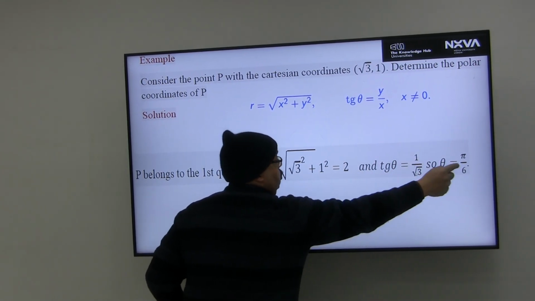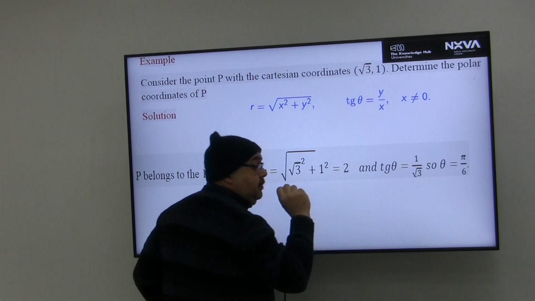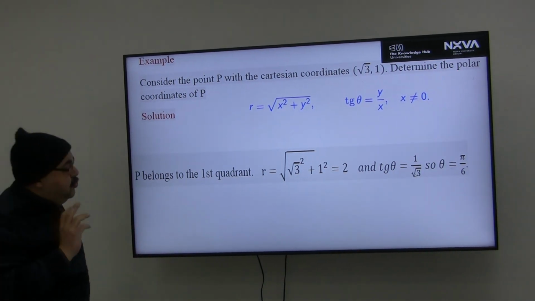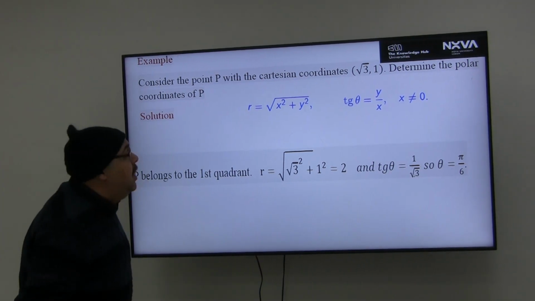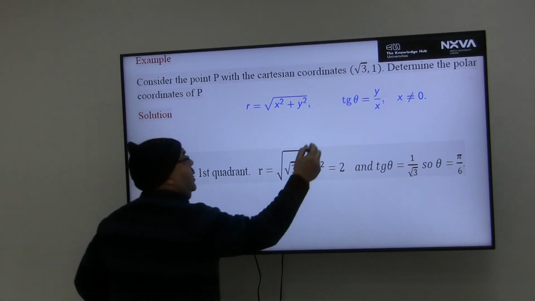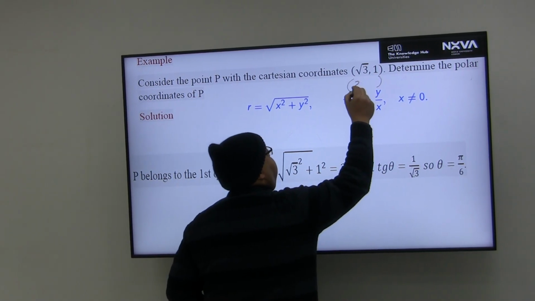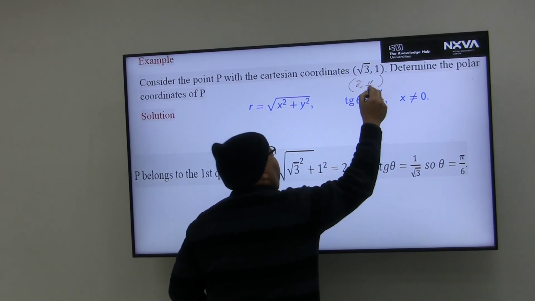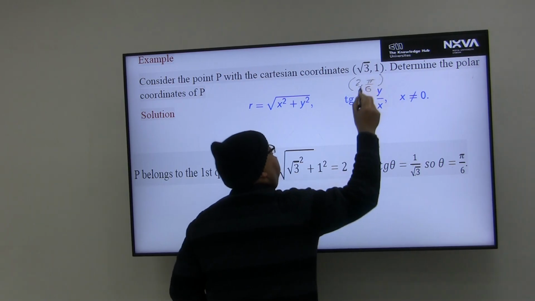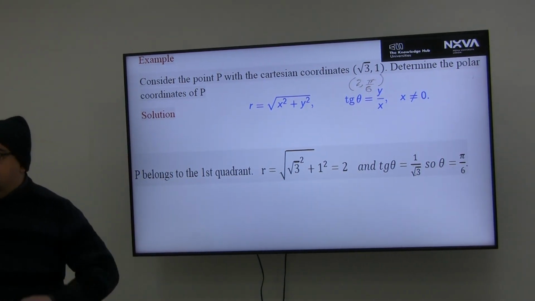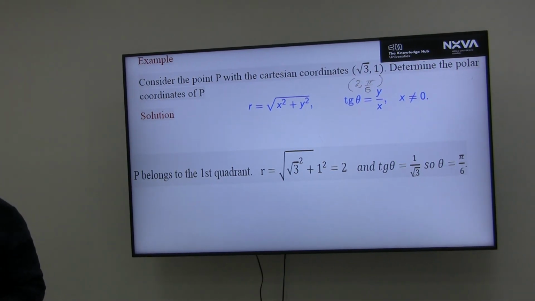So theta also will be pi over 6 because it belongs to the first quadrant. So for root 3 and 1, I now know that the corresponding point in polar coordinates is going to be 2 and pi over 6, as you can see. That's the point in polar coordinates and in Cartesian coordinates, as I told you.